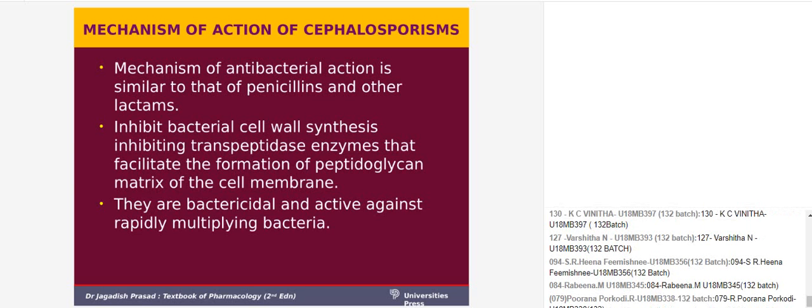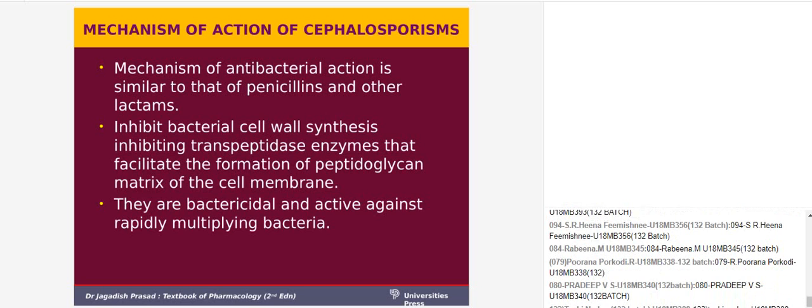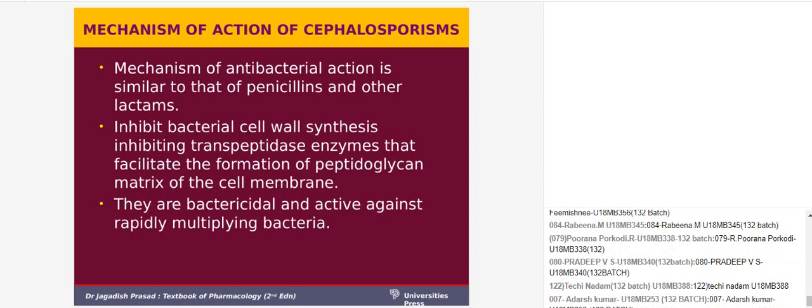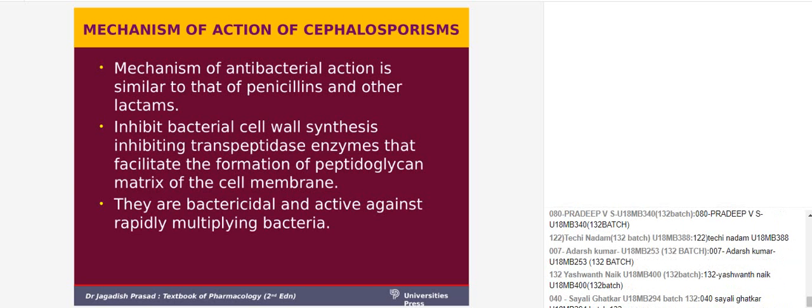Cephalosporins are bactericidal, and they are effective against rapidly multiplying bacteria. Cephalosporins are classified into 5 generations based on their antimicrobial activity: 1st, 2nd, 3rd, 4th, and 5th generation.